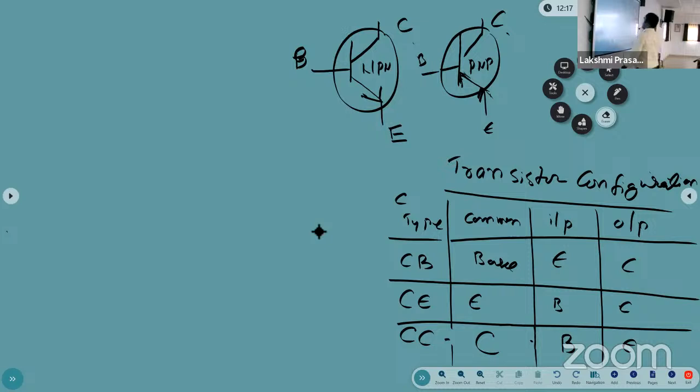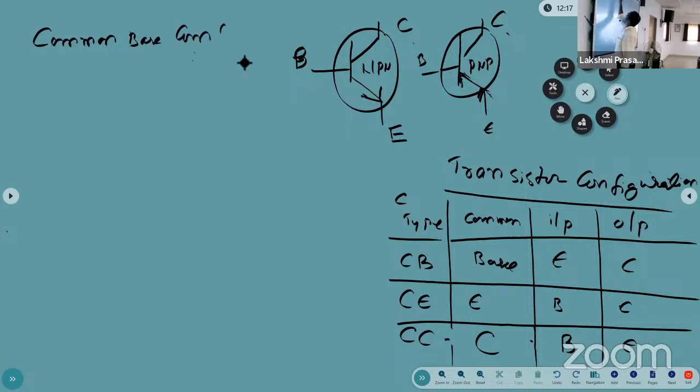Now you can take the three configurations. First one we will take is the common base configuration. Simply I will write common base configuration. Simply this is also called CB configuration.